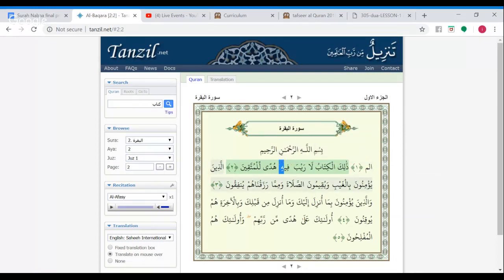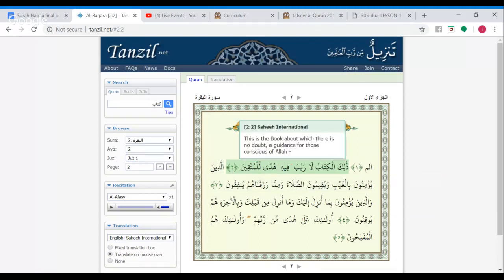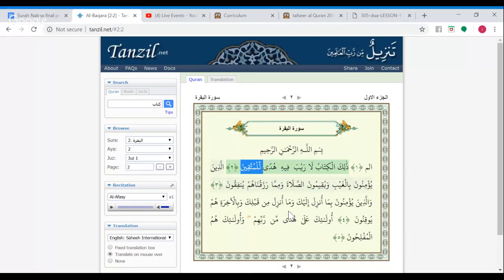Now "lil muttaqin". Look here, what is going on in "lil muttaqin"? It is li plus al-muttaqin, li with kasra plus al-muttaqin. This is the original word. Li means for, and al-muttaqin are those who have taqwa. So, for those who have taqwa, this is the translation.